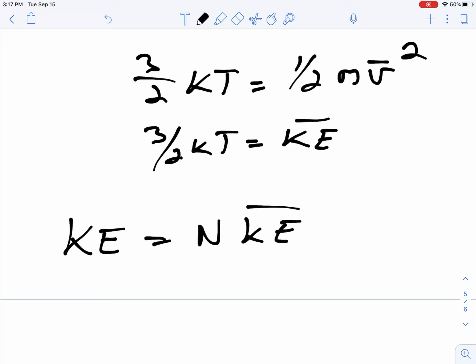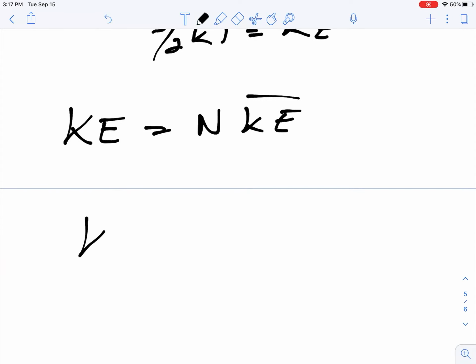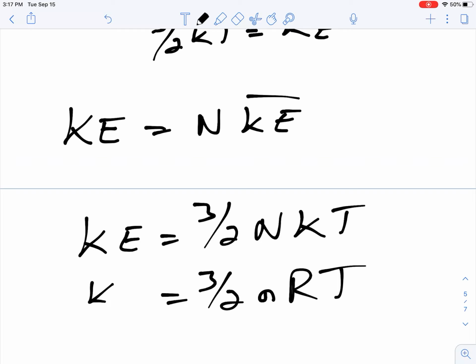So the total kinetic energy is 3/2 N KT, which, if you like the other way better, is also the same as 3/2 little n RT. And that gives us the total kinetic energy.